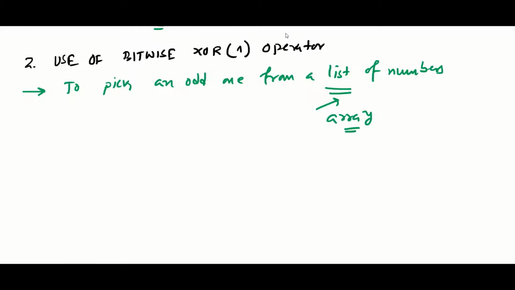So we're going to take a 1D array where all numbers are repeated except one, and we'll use the bitwise XOR operator, which will help us know which number is not repeated in that particular array.